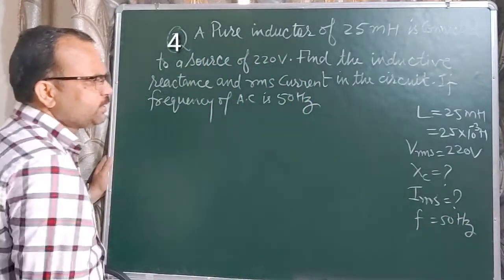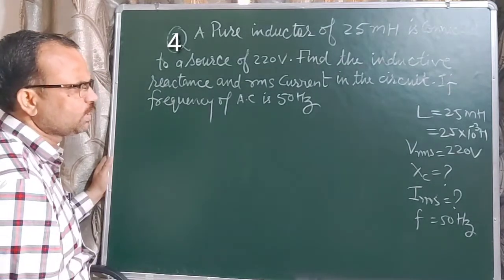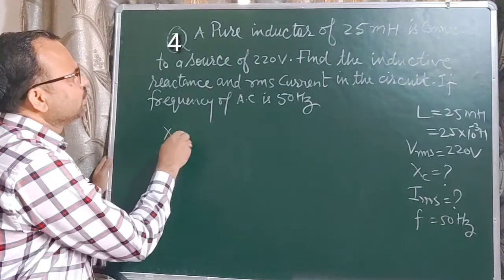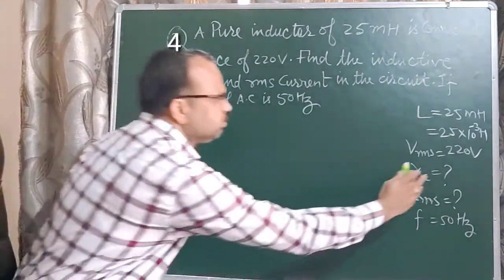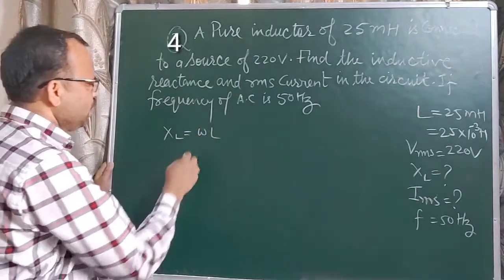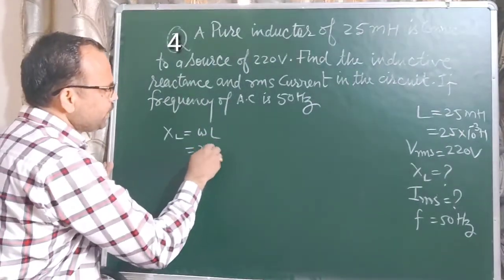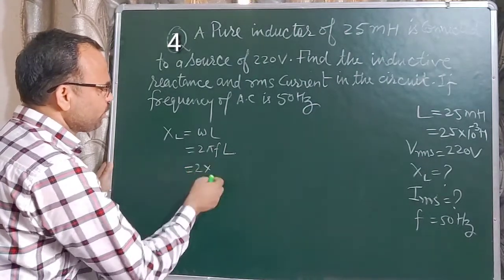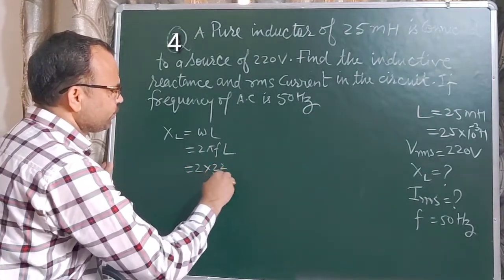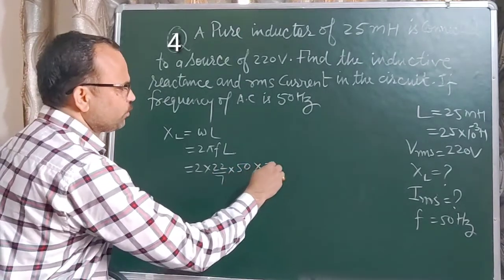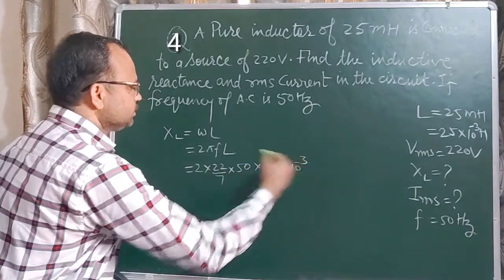As we know, XL is equal to omega L, and the value of omega is 2 pi f. Now put the value of pi, 22 by 7, into f 50, and the value of L, 25 into 10 to the power minus 3.